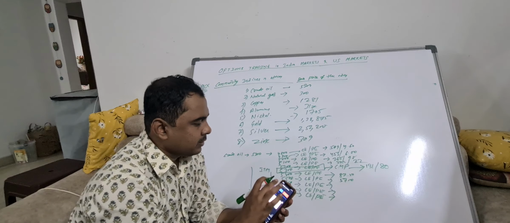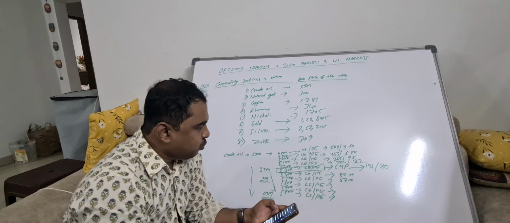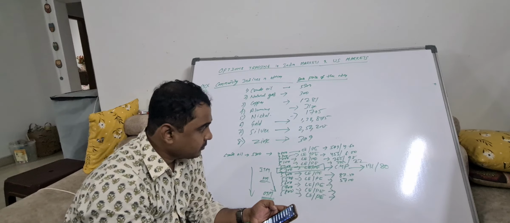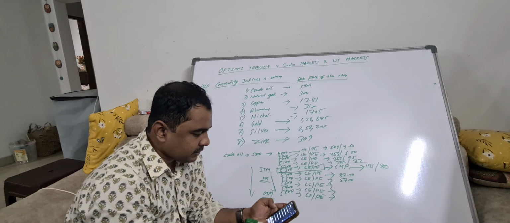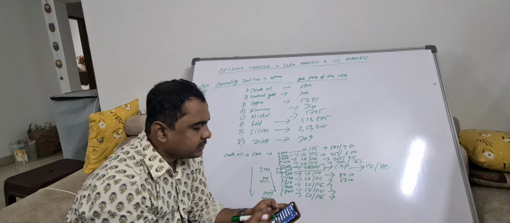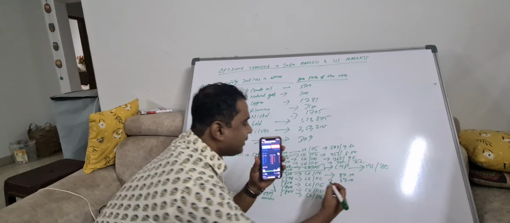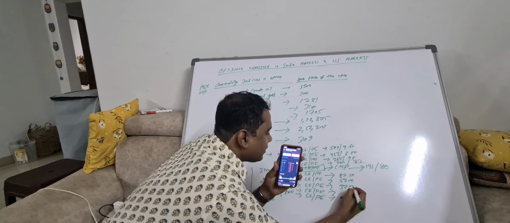Then 5,600 call is 37.50. I am just explaining in a very slow manner.